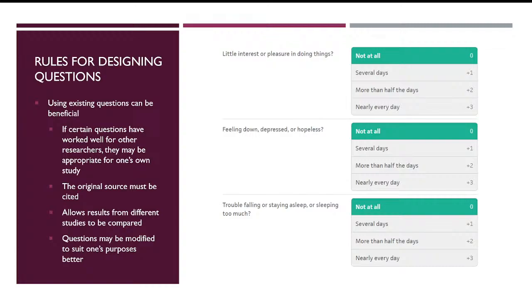And I mentioned some of these earlier, right? If you're trying to figure out a particular concept, sometimes it doesn't make sense to come up with your own questions. Sometimes it really would make more sense to take a tool that someone's already refined over time and just use it.